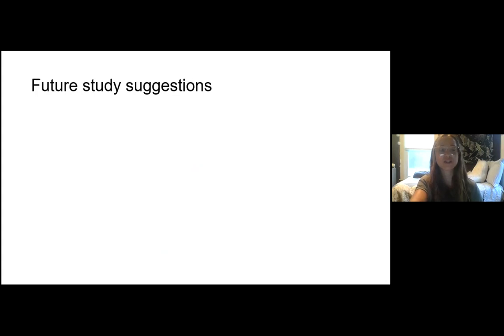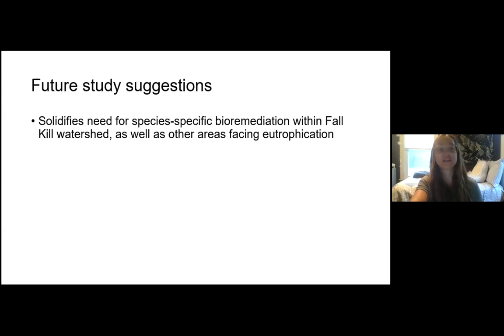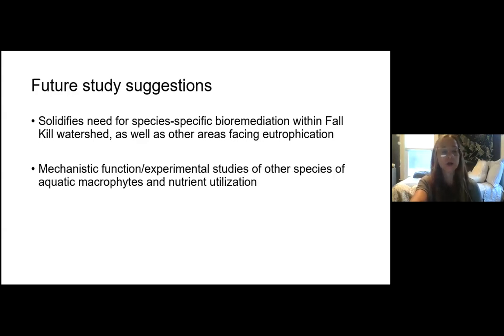With that, I just wanted to offer some suggestions for future studies. The first of which is that there definitely needs to be a species-specific bioremediation practice within the Fallkill watershed. I think this could be really helpful if an experimental study was completed in order to find the mechanistic function of the species that I listed: the marsh seedbox, the swamp smartweed, and the burrweed, as potent denitrification sources, in order to best implement bioremediation along the Fallkill.